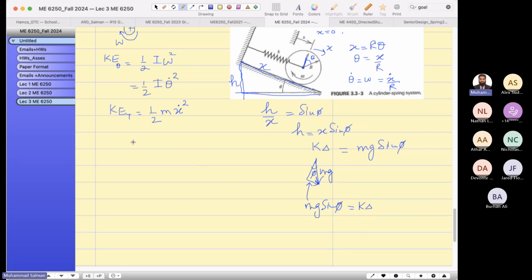The strain energy equals half k (x plus delta) whole square minus mgh, and this is for v max. So v min equals half k delta square.